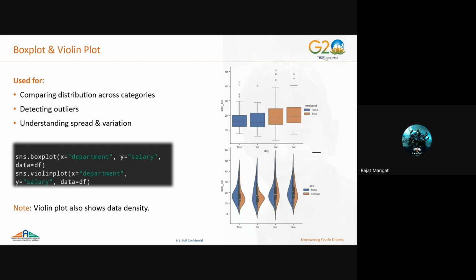The width of the violin plot shows how many values exist there. Where the part is wide, there are many values. Most of our data values are concentrated in this part. The narrow part shows few values, meaning it has fewer values as compared to this blue part.